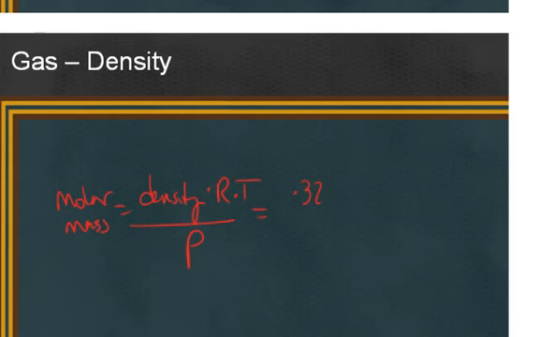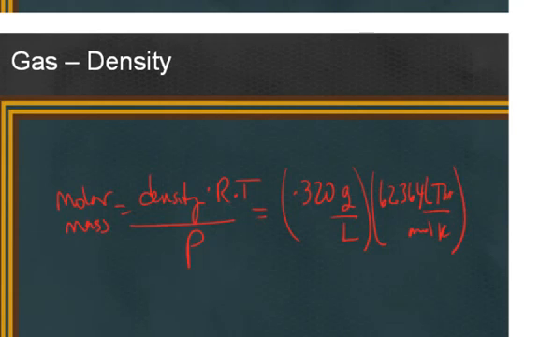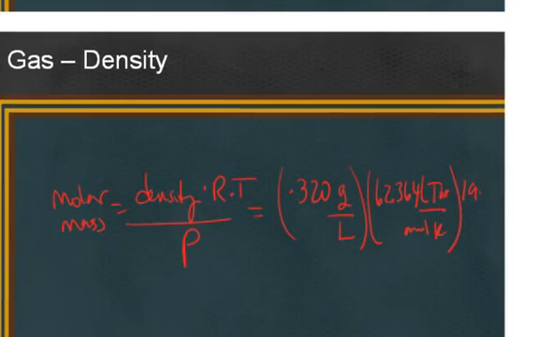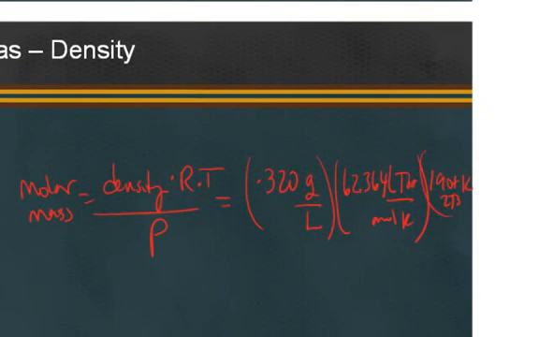Okay, so the molar mass of the gas is going to equal the density of the gas times R times T divided by P. That's going to be 0.320 grams per liter times 62.364 liter torr per mole Kelvin times 190 degrees Celsius plus 273 Kelvin, which is going to be in Kelvin.